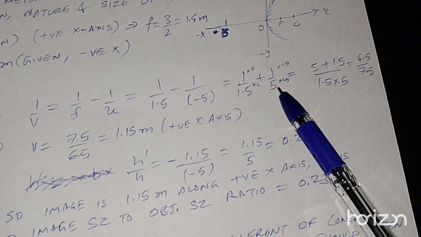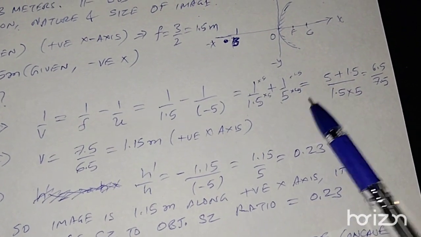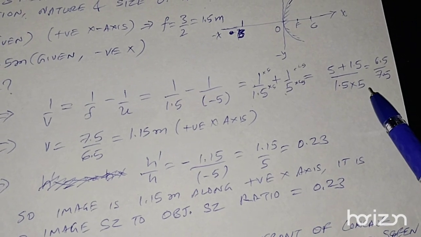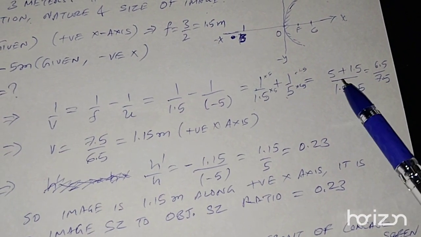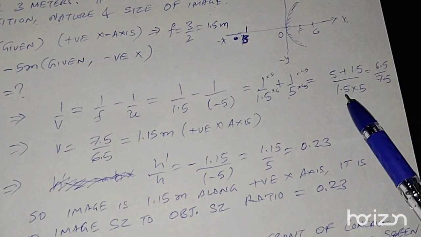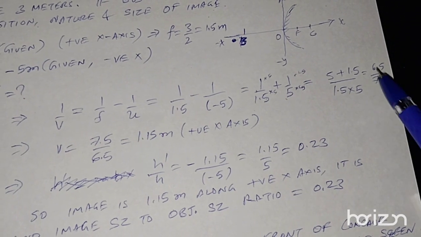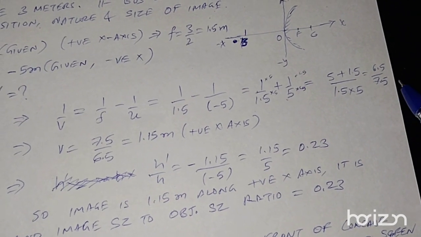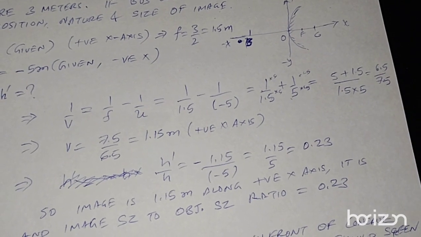To make this denominator the LCM, we have to multiply by 1.5, both the numerator and denominator, so we get 1.5 here. And then after taking the LCM, we can add these both. 5 plus 1.5, 6.5, and denominator 1.5 into 5 is 7.5. All these calculations you can do using a calculator.